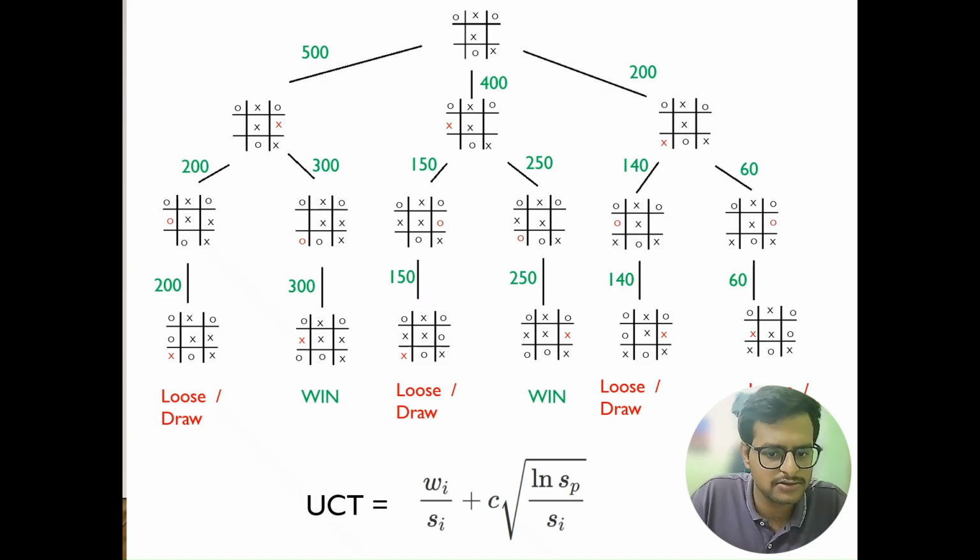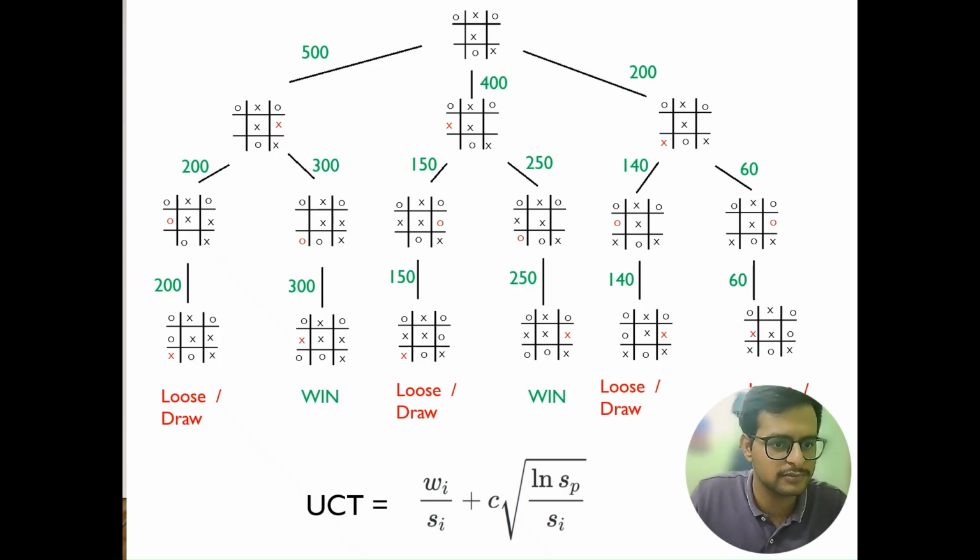Here Wi shows how many times we win after selecting this move. Si shows how many times we select this move. Sp is the number of times we select the parent node among these three. Si is the same here, and C is the exploration coefficient, which we always consider as root 2. So at the beginning the UCT value for all three moves is the same, so we select any move randomly.